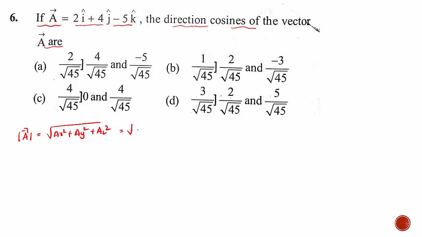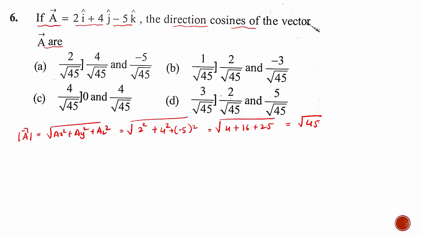Substitute their values. Ax, that is magnitude along x-axis, that is 2 square, plus ay square is 4 square, plus az square is minus 5 square. Right? So we will get the answer square root of 4 plus 16 plus 25.